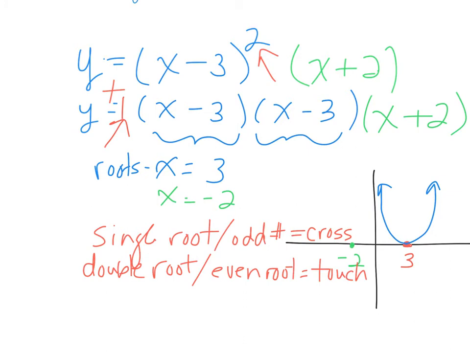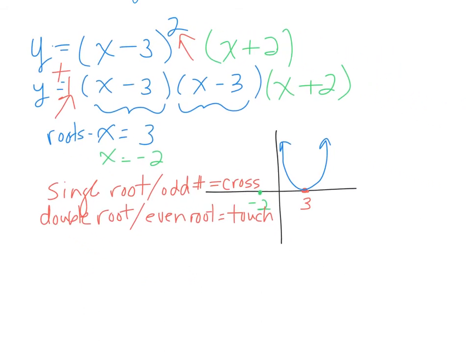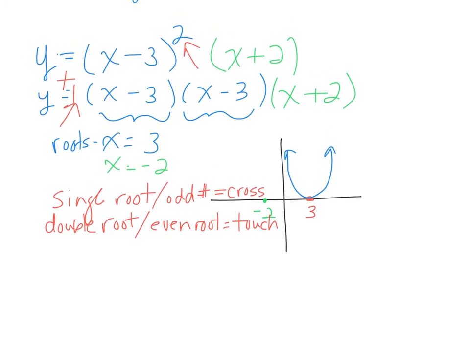Okay, so now another piece of information, I'm going to make this a little bit smaller. Another piece of information that I will find useful is if I go ahead in this function that I have right here and try to find the y-intercept. So remember, the y-intercept is where x equals 0.